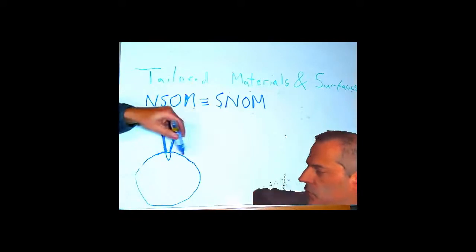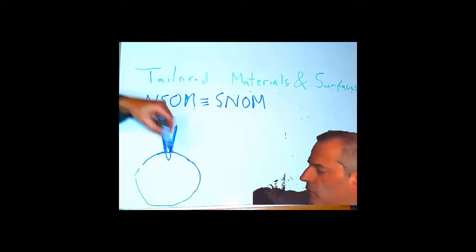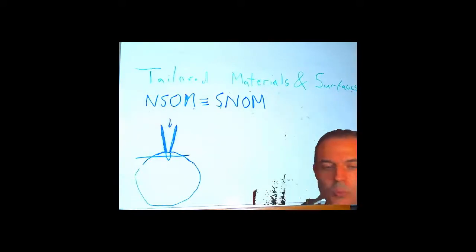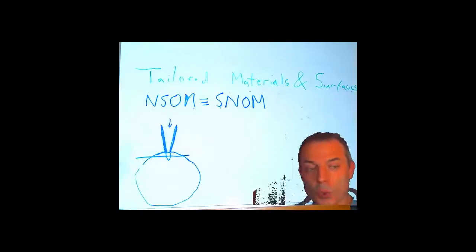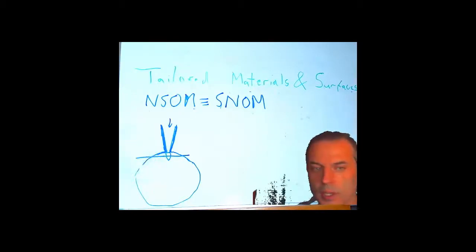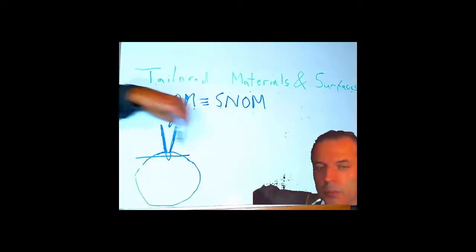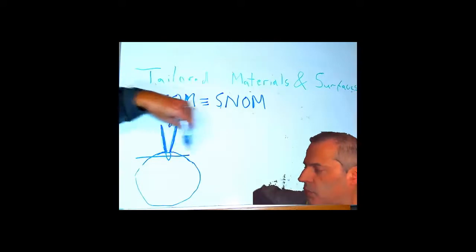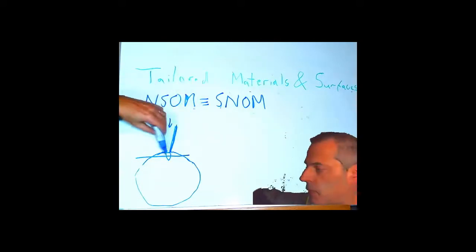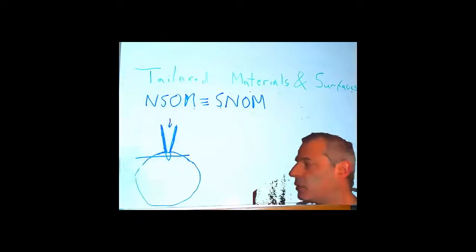So if we move our sample very close into this bright patch, then we can measure things that are smaller than the diffraction limit of light, that are smaller than the wavelength of the light that we're using to look at them, which is really handy. We then have to move this fiber around to measure our surface, and it takes a very long time, which is why they're comparatively rare.